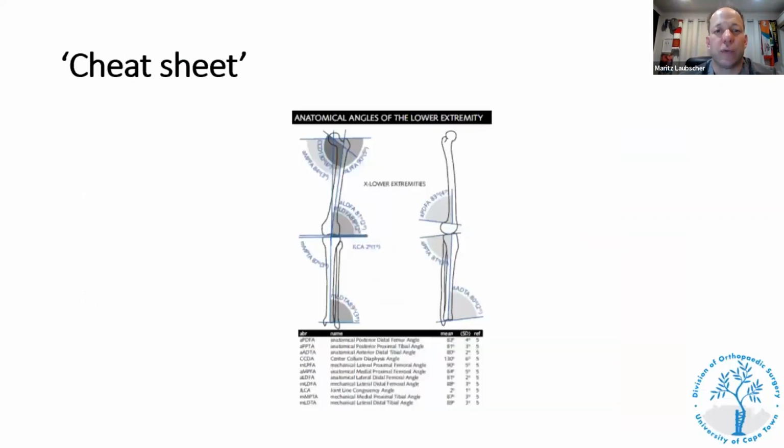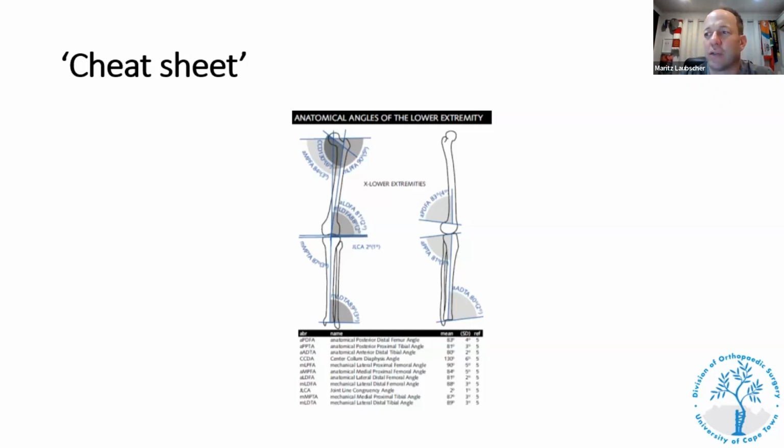There's also a little cheat sheet from Synthes that I think is also saved as a PDF on Dropbox. So there's really no excuse to not know all these angles.